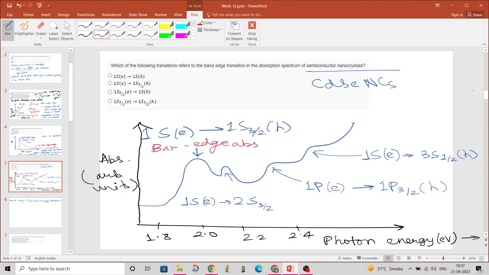To answer this question, which of the following transitions refers to the band edge transition, it will be 1SE to 1S 3/2 H, the option number B.